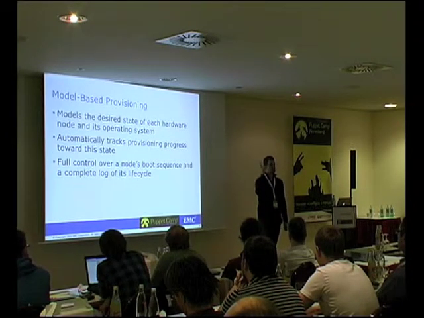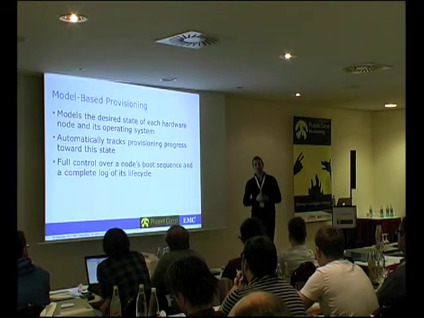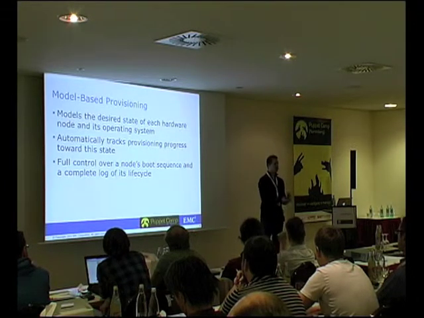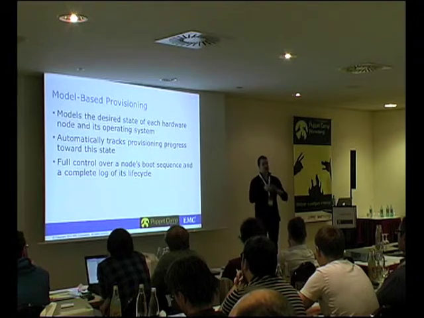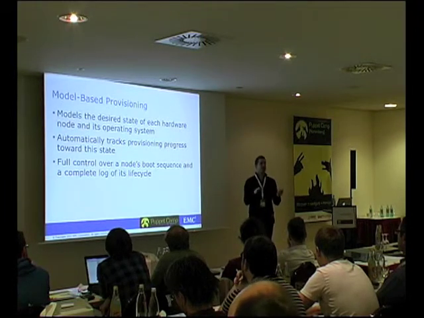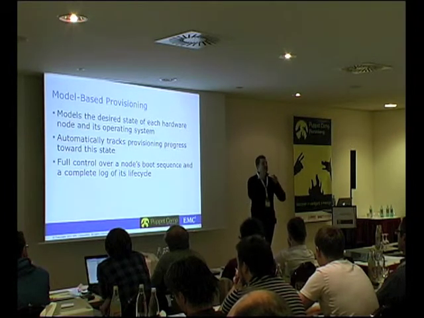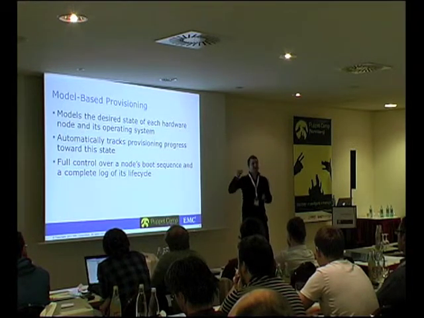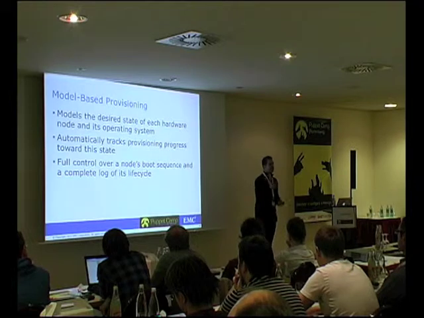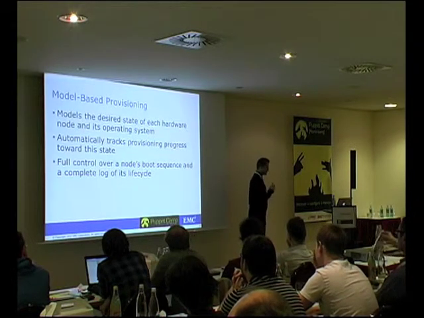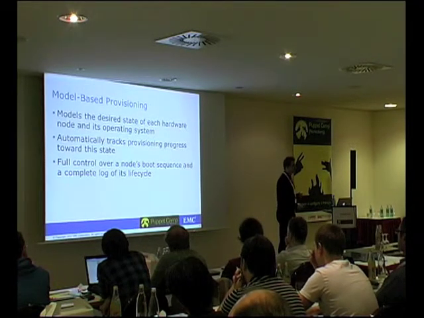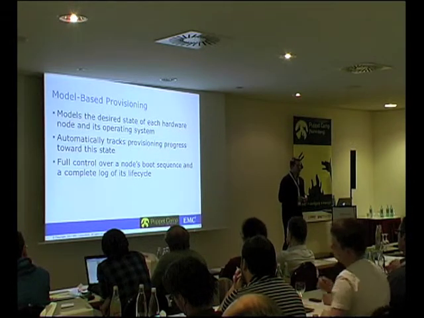That's pretty much it. For an ESX host, there's a lot more going on. You need passwords, gateways, IP addresses, everything. So everything that is needed for the operating system or the hypervisor to get installed is defined in the model. We create a model that defines how we want our operating system to look when it's done provisioning.